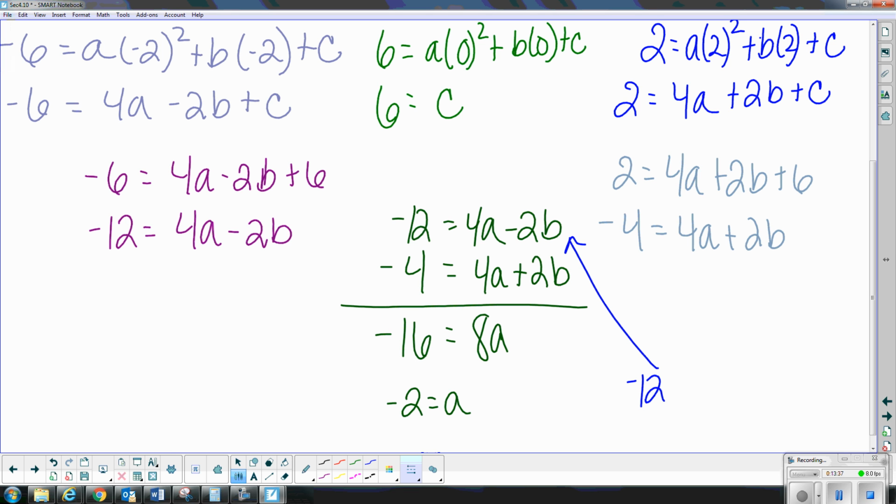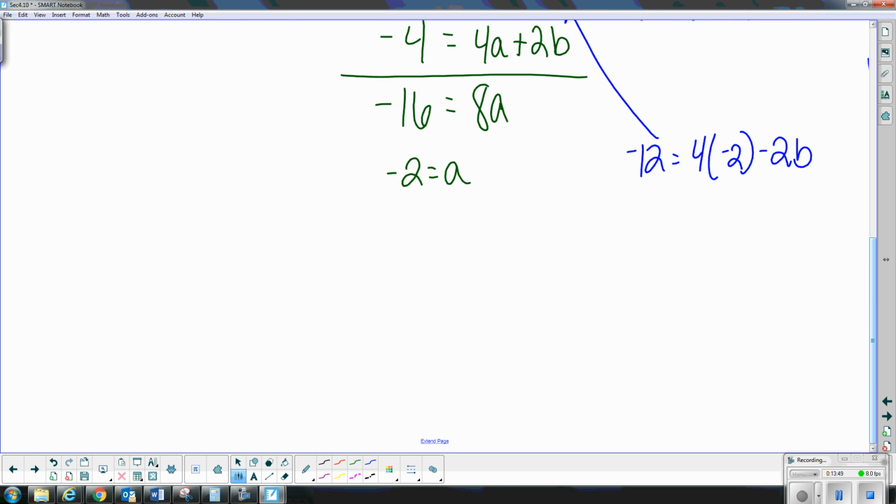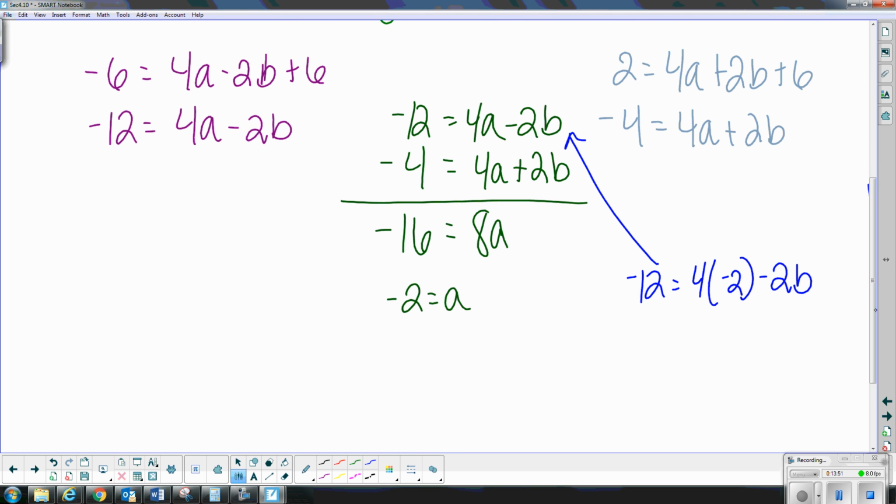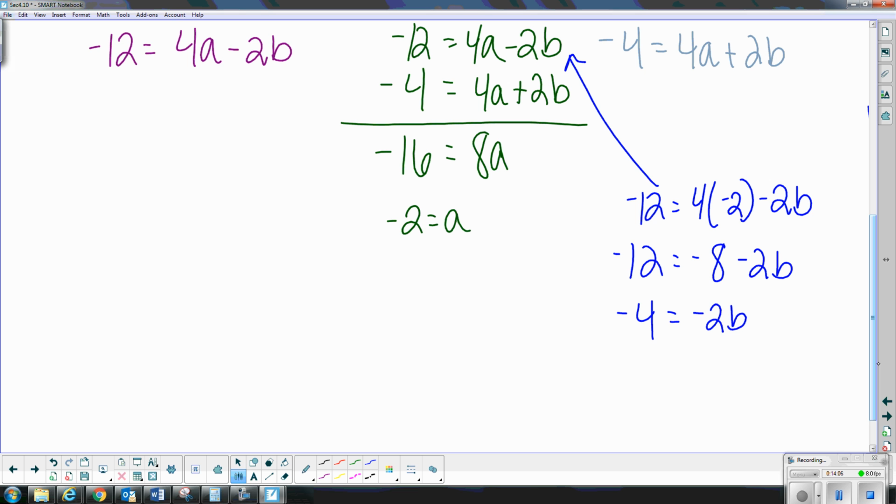So negative 12 equals 4 times negative 2 minus 2b. Negative 12 equals negative 8 minus 2b. So I'm going to add 8 to both sides. Negative 4 equals negative 2b. I'm going to divide both sides by negative 2. Negative 4 divided by negative 2 is 2.